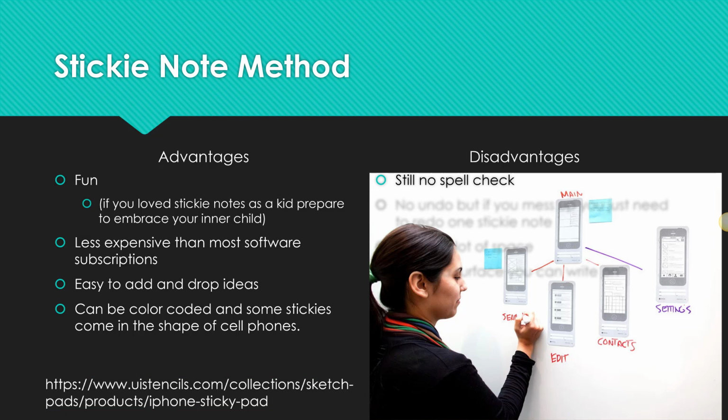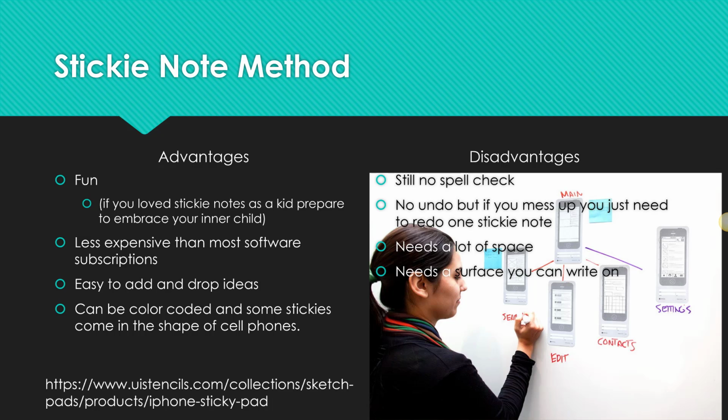So, still some drawbacks though. Disadvantages: no spell check. There is no undo button. So if you mess up, you just redo the sticky note. Still better than redoing the entire drawing. You do need a lot of space for this, which means that having a whiteboard or an area on a wall or floor is kind of good to have.